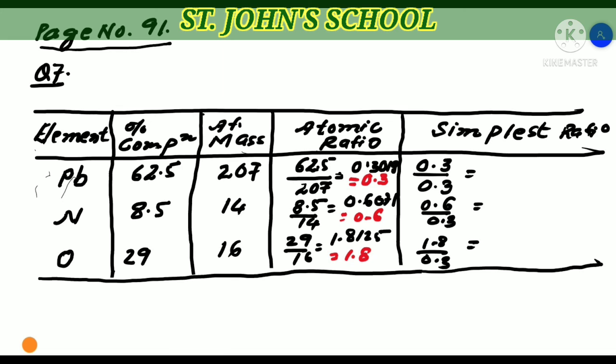If you divide, in the first case it comes 1, in the second case 2, and in the third case 6. So we got the simplest ratio.